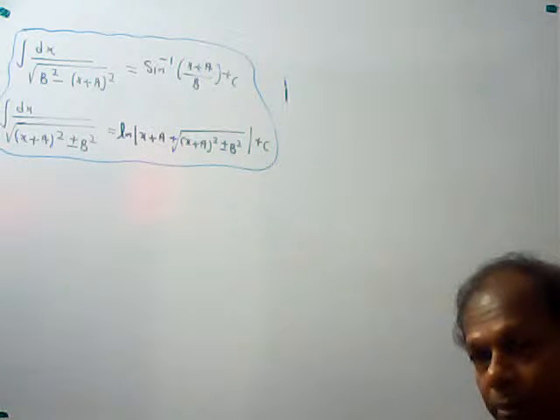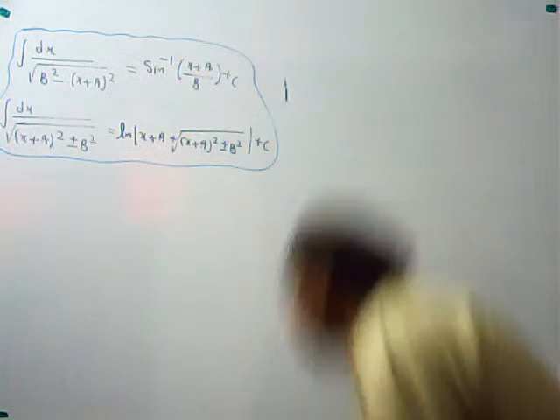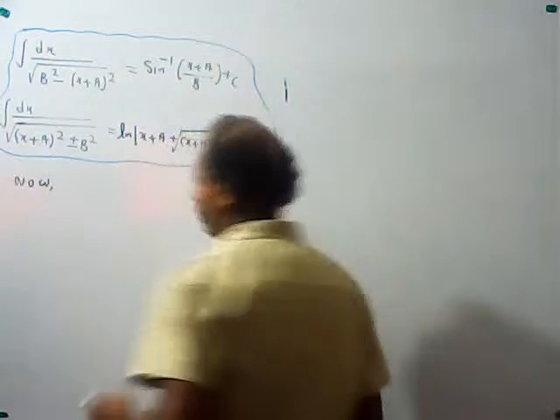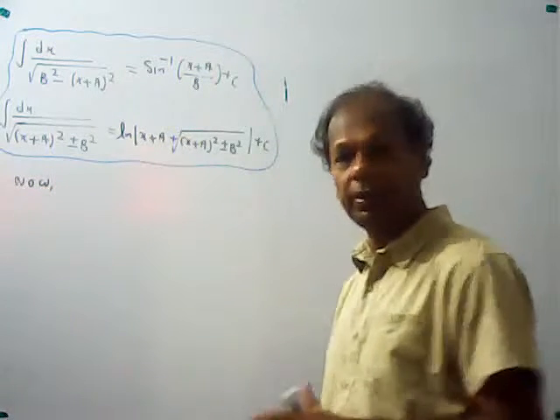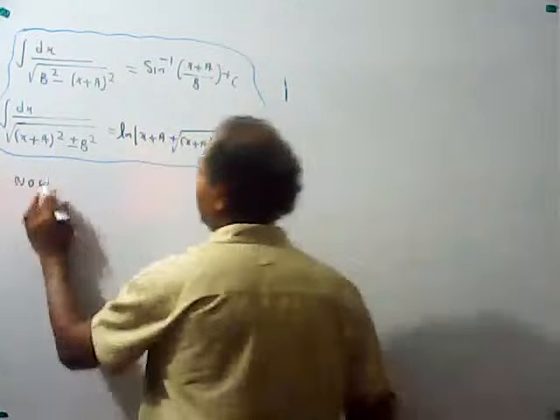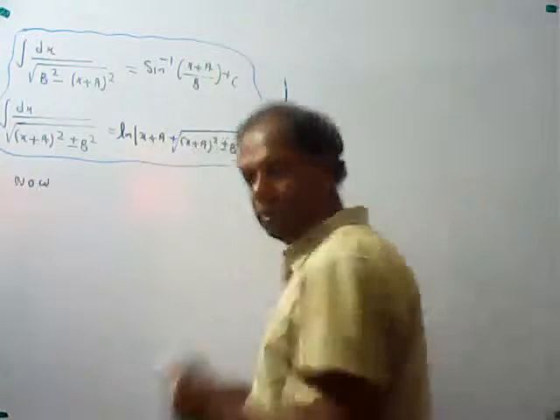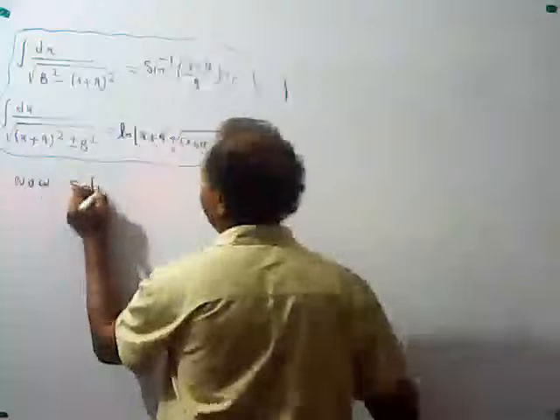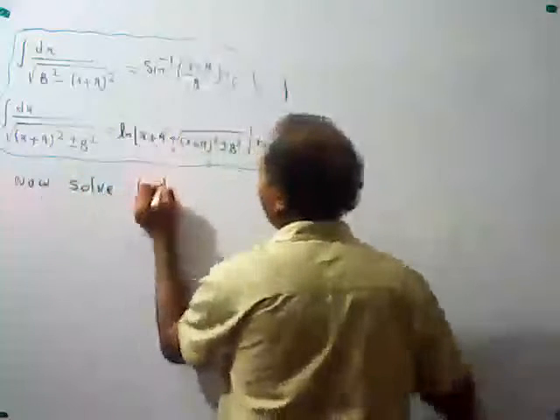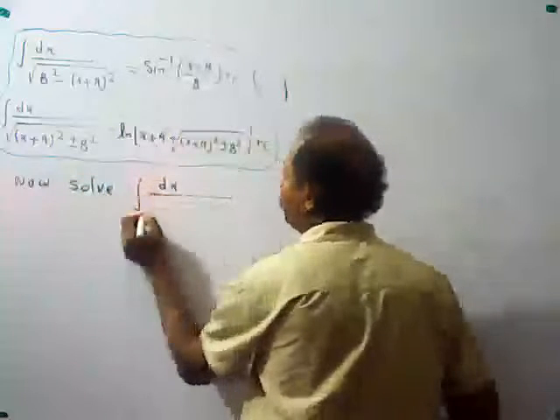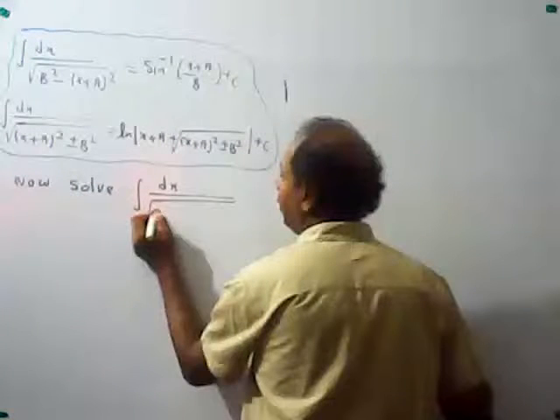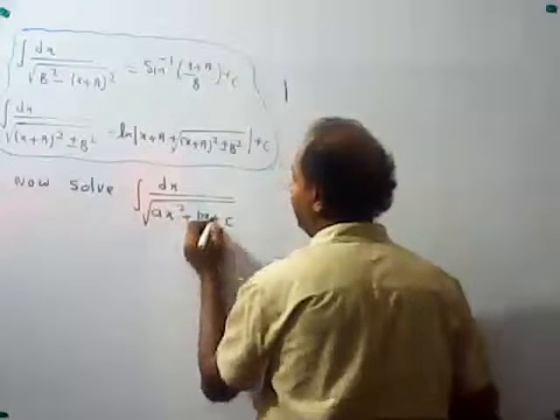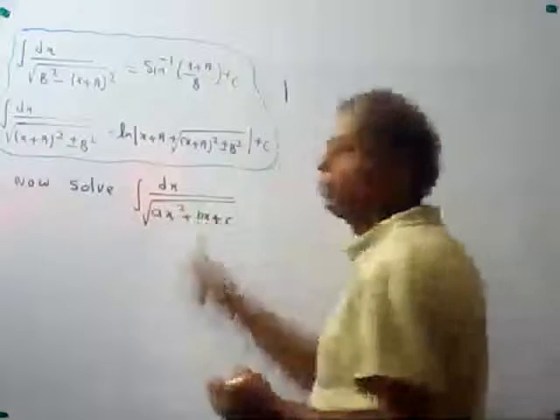Okay, now back to our problem. Our topic is to solve a problem of this form: 1 over square root of ax square plus bx plus c is to be integrated, right?